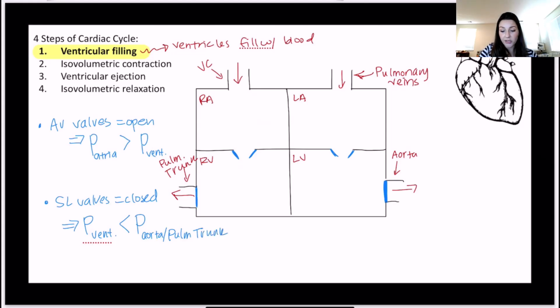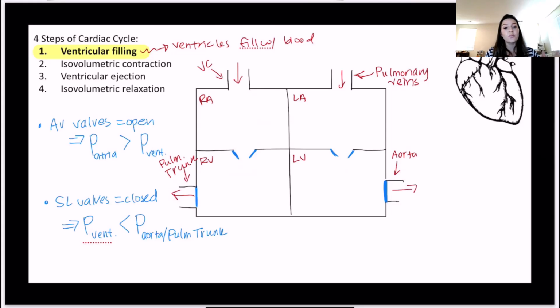So because the pressure is bigger here and here, the ventricles can't force blood through that valve, because the pressure is just too high on the other side of it. So pressure opens valves as long as the valves allow.